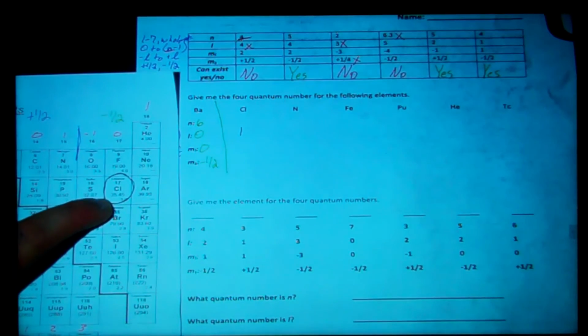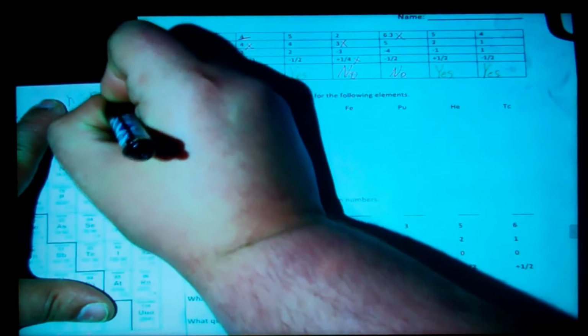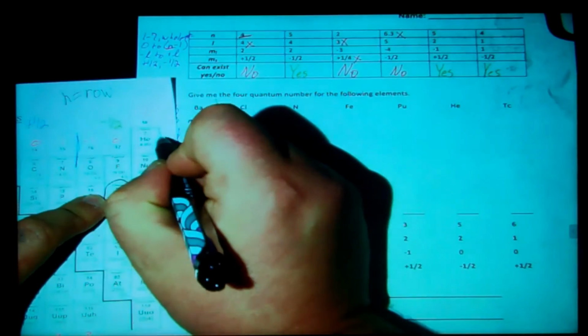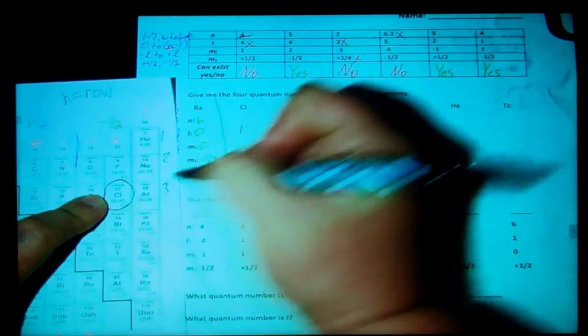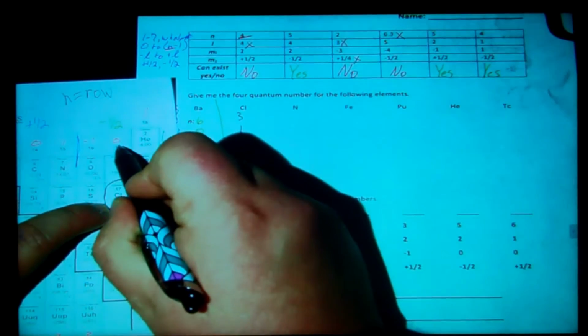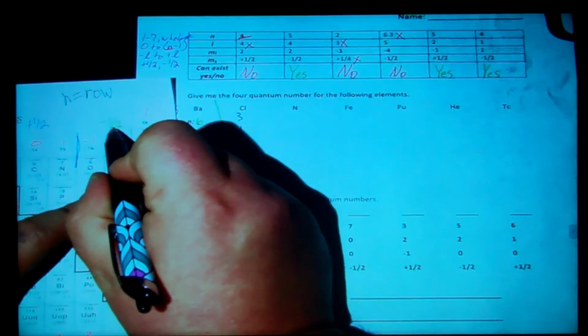So for P, you also have that N is equal to the rho. So I'm trying to find N for chlorine that's equal to the rho. So I'm in the third row, so that means N is 3. M sub L, orientation, go up, 0. And spin, -1/2.